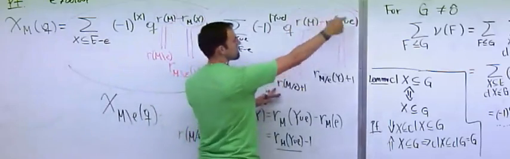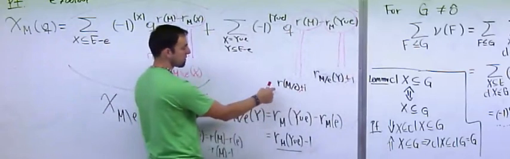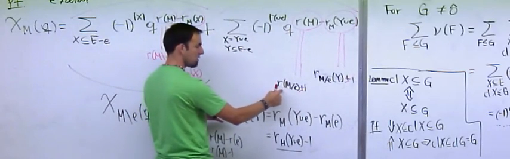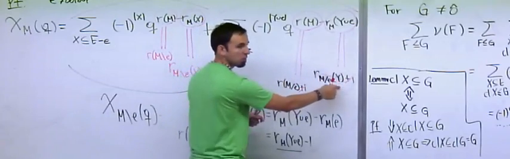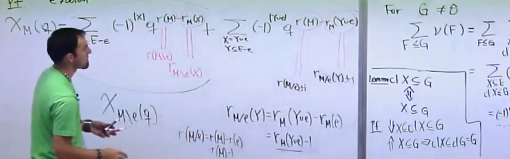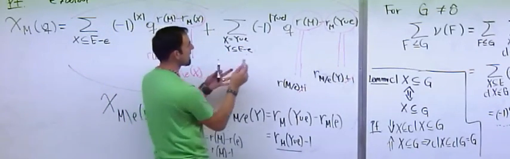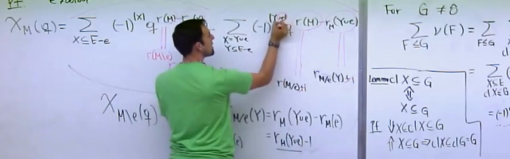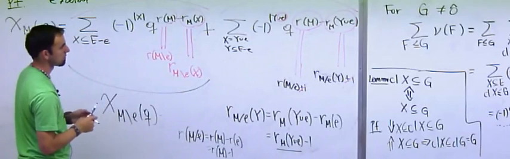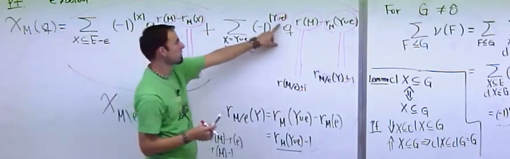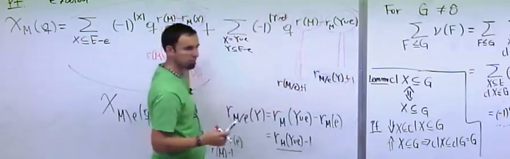So this one minus this one, I'm going to cancel out the ones. And I'm going to get the same expression, Q to the rank of M contract e minus rank of M contract e of Y. And this is going to be the same expression of Whitney's theorem, except that I have this extra union e. And all that amounts to is that I have an extra factor of minus 1, which gives me a minus this big thing.